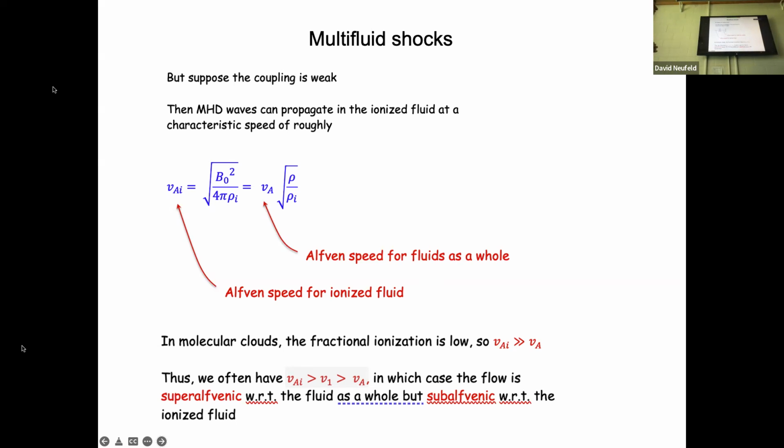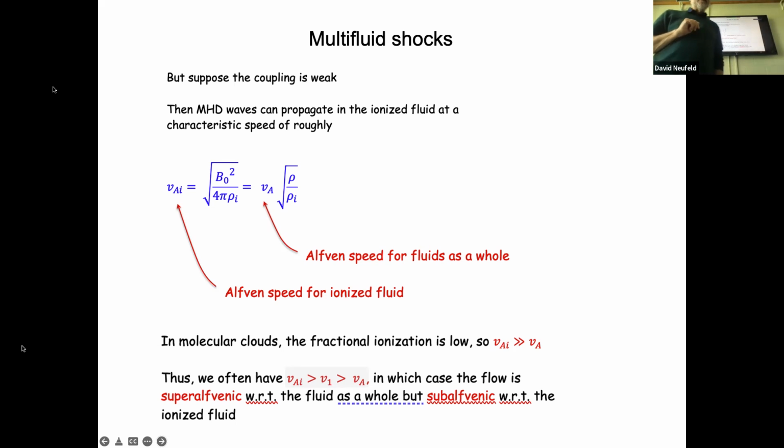Now, in the neutral fluid, or if you treat the fluid as a whole, the Alfvén speed is comparable to the sound speed, so this isn't a big effect. But if you were just to think about the ionized fluid, then the mass density of ions could be much, much less than the density of the fluid as a whole.